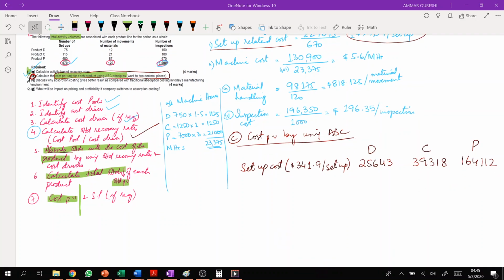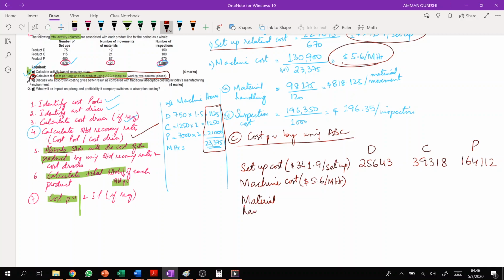So this is basically what we need to do for all overheads. The second one is machine cost, which is around $5.6 per machine hour, right? So we have to multiply this respectively with these machine hours of each product. And then there is material handling cost, which is around 818.13 per material movement.